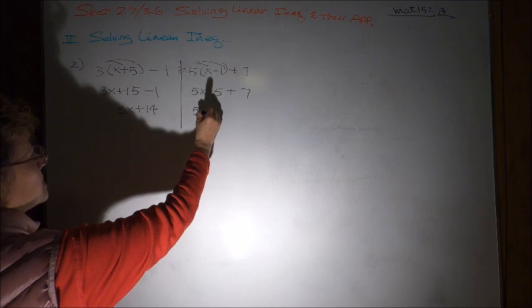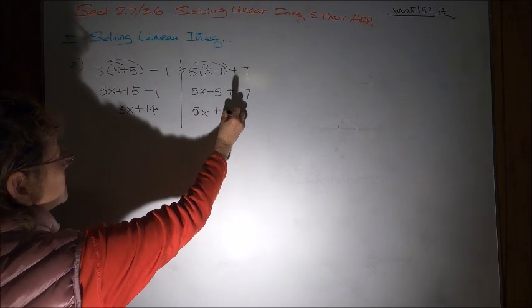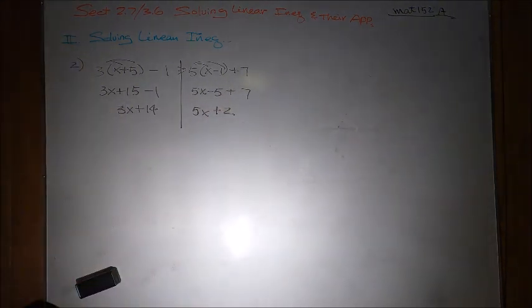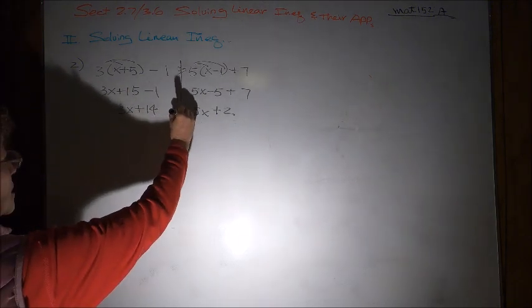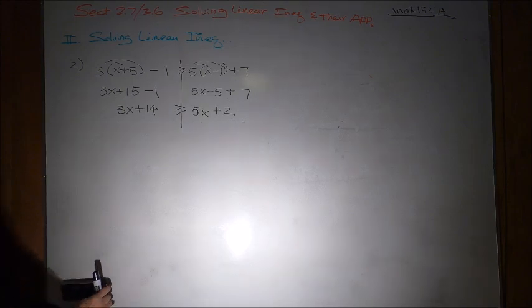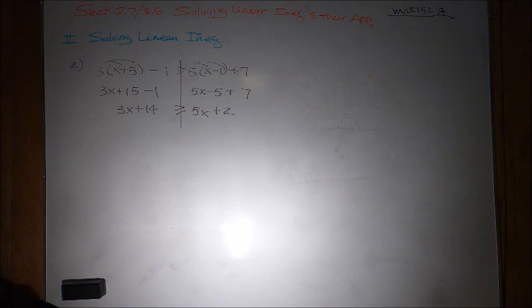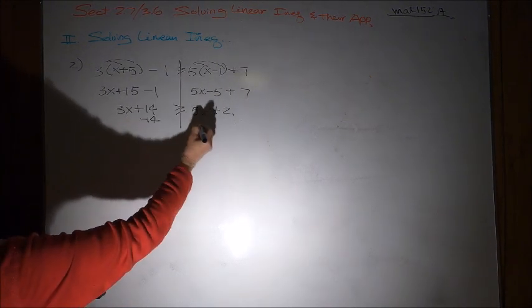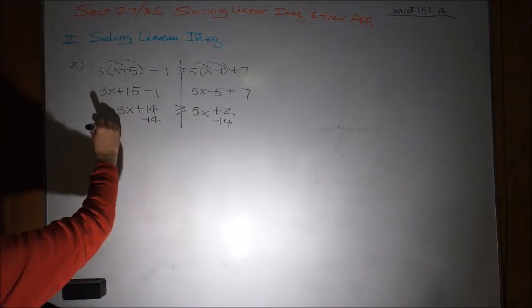Here will be 5x minus 5 plus 7 is what? Plus 2, right? Do we change the direction of the sign? No, because we didn't multiply or divide by a negative number. Then what do we do? Move numbers to another side by minus 14.